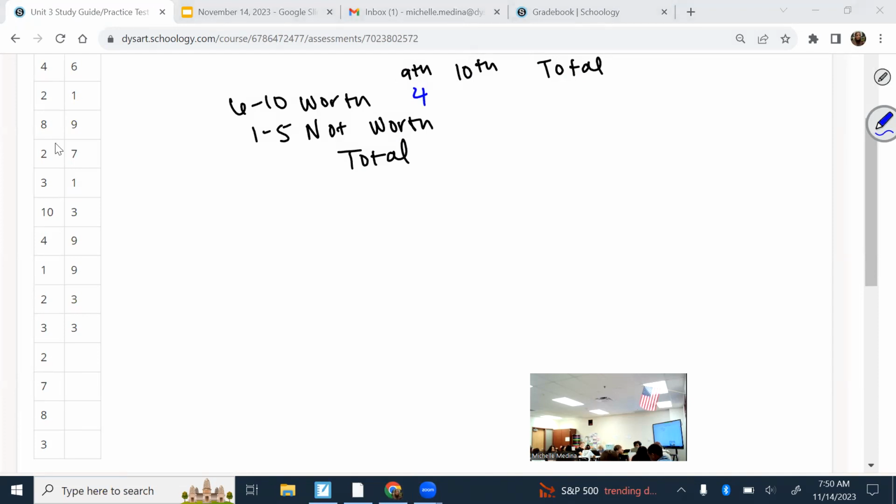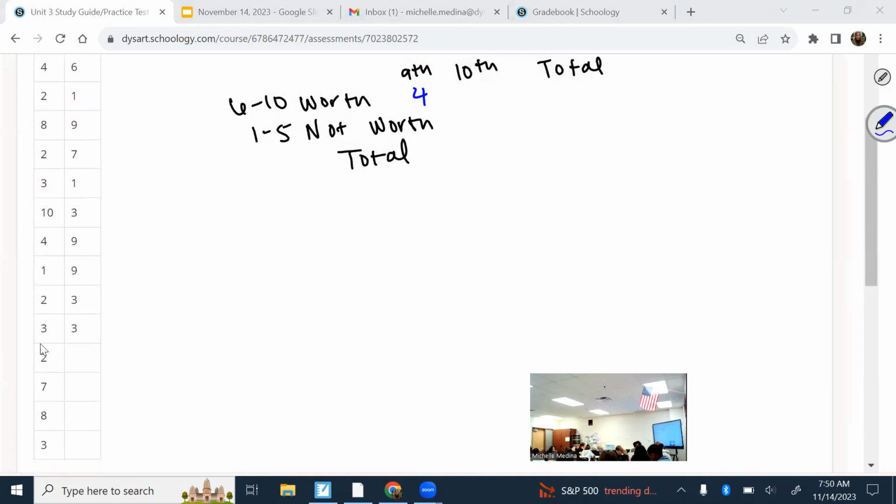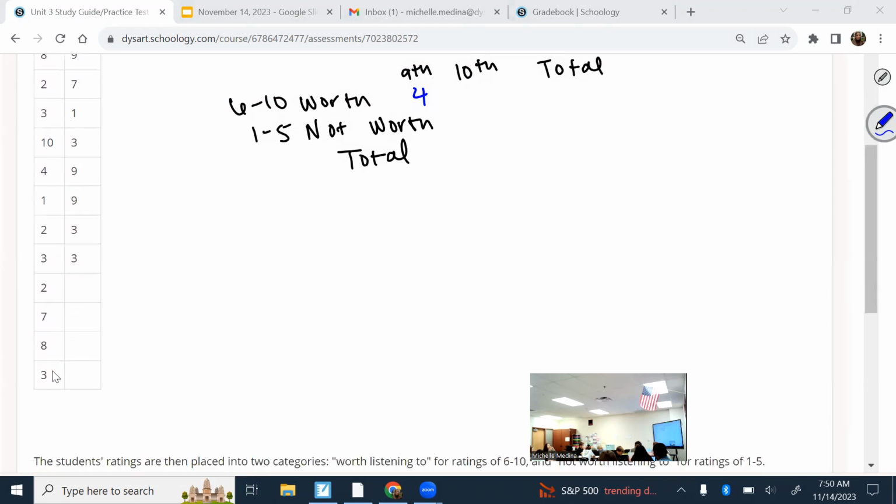Okay, so I looked at all the 9th graders. Any numbers 6 through 10, I kept track of that. Now we're going to count that said ratings of 1 through 5, and that would go in the not worth it for the 9th graders. I counted 10. Did anyone get a number other than 10?